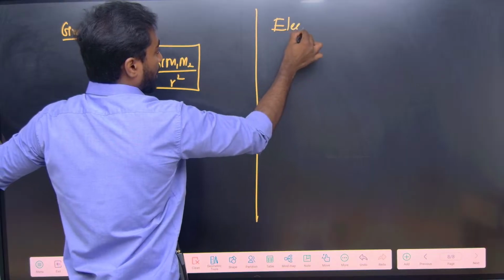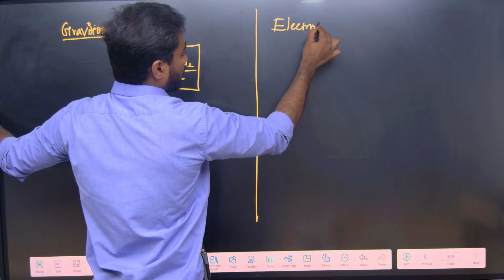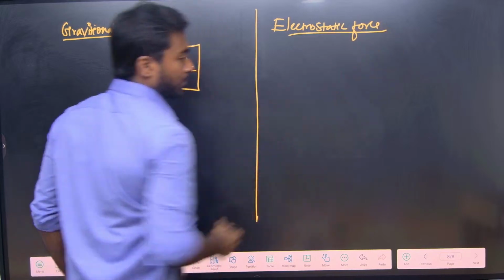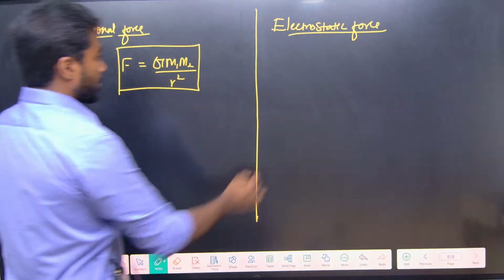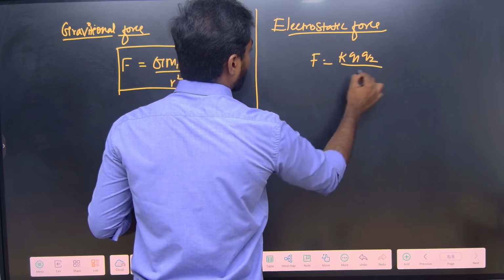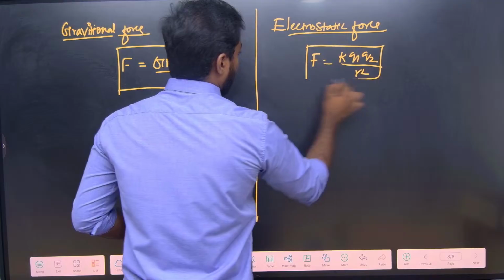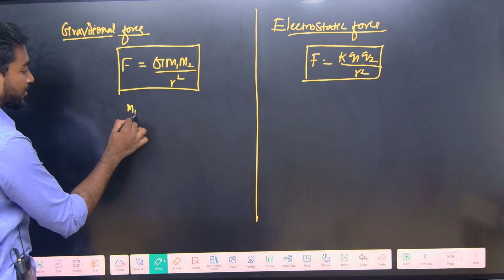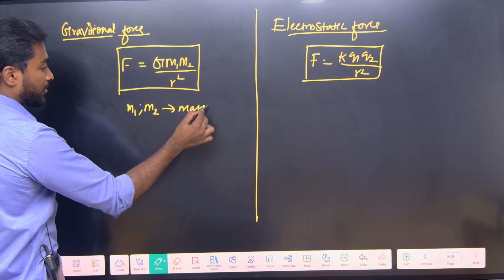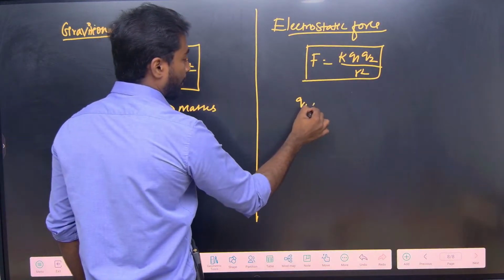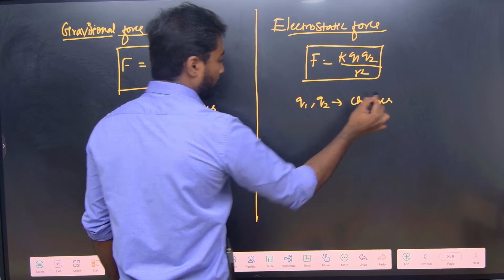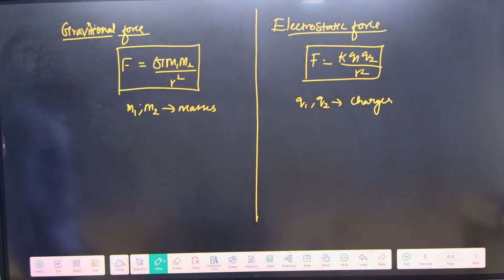Both have a similar formula. Electrostatic force, in the sense, F is equal to k q1 q2 by r square. Here m1 m2 are masses, and q1 q2 are charges.